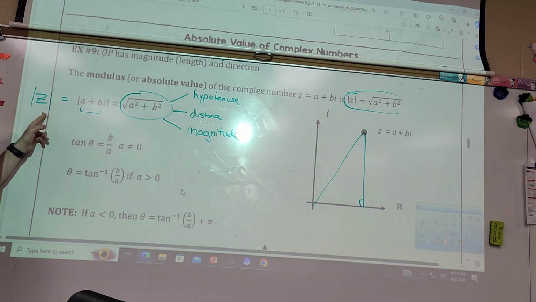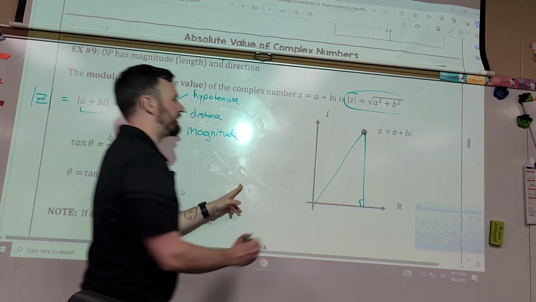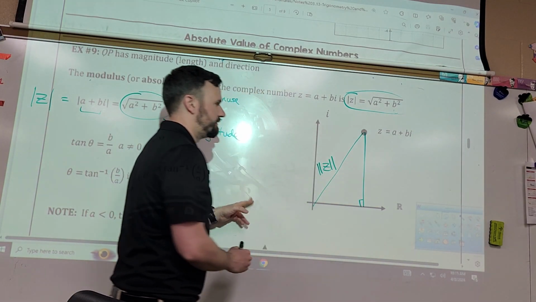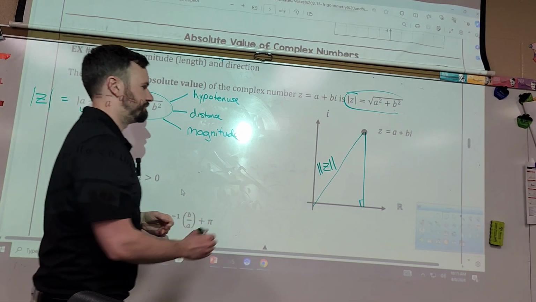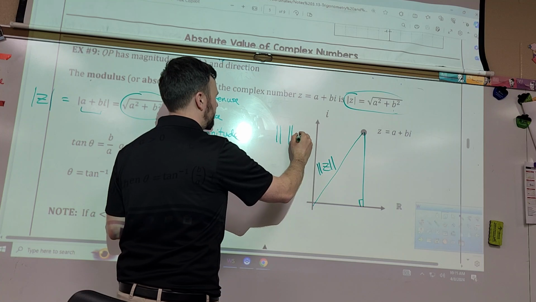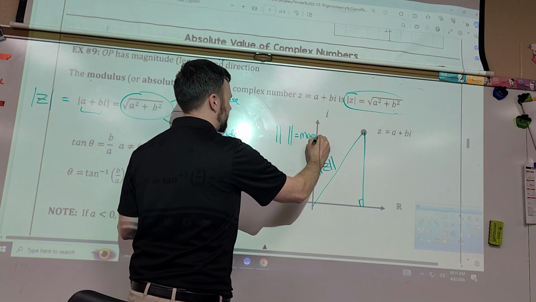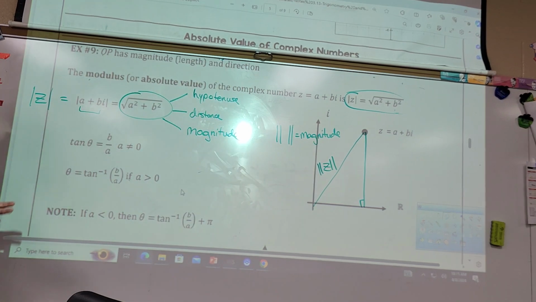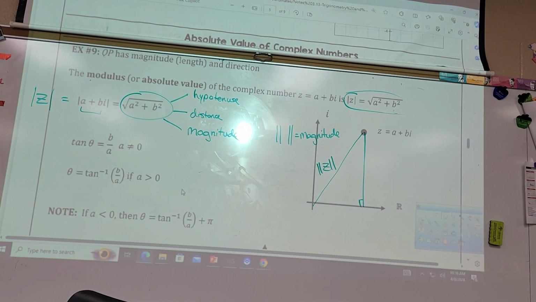It's your distance from 0. So can I label over here as that? Just so you guys also know, this double bar thing means magnitude. Now again, this all looks scary, but is it things we've seen before? Yes, we're just introducing you to new terminology.